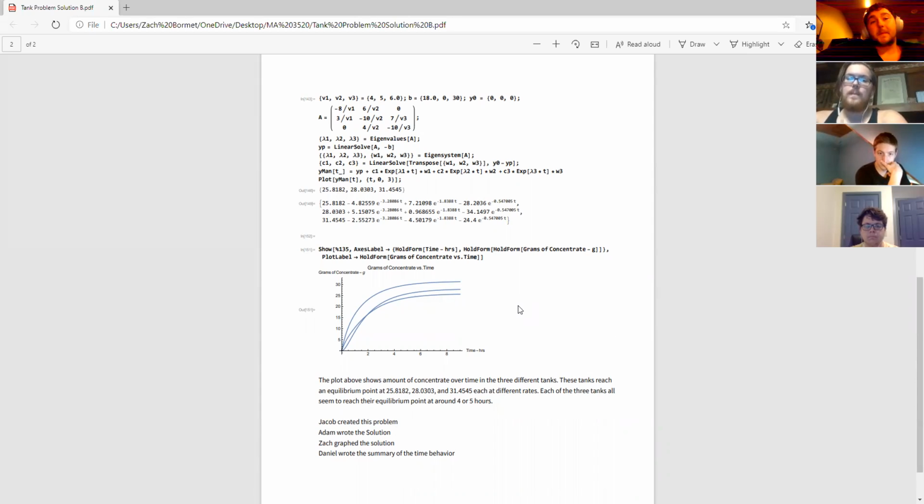Once that graph was made, I looked at it, and it showed the concentrate over time in different tanks, and they each have their respective equilibrium points of 25.8, 28.0, and 31.5 at their own respective rates. And for each of the tanks, they were hitting their equilibrium point around the 4 to 5 hour mark.